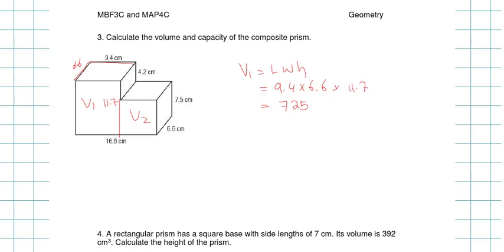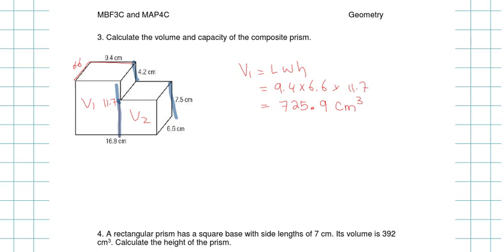How did you get 11.7? If you look at the height, it's made of this and this, so you add them together. Because all my units are to one decimal place, I'm going to report my answer to one decimal place, and that's going to be 725.9, and because it's volume, it's centimeter cube.